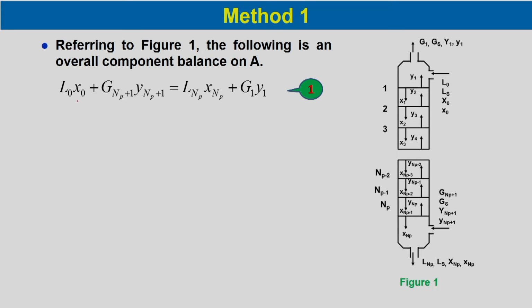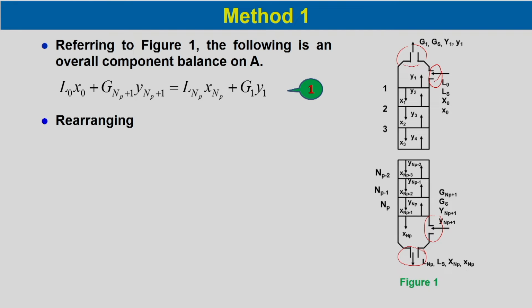L naught x naught plus G N P plus 1 into Y N P plus 1, which is entering over here, should be equal to what is coming out of that component at the bottom, L N P into X N P, and the gas which is going out at the top, G1 Y1. So, this is equation 1.